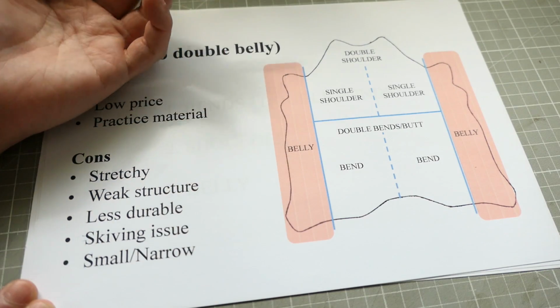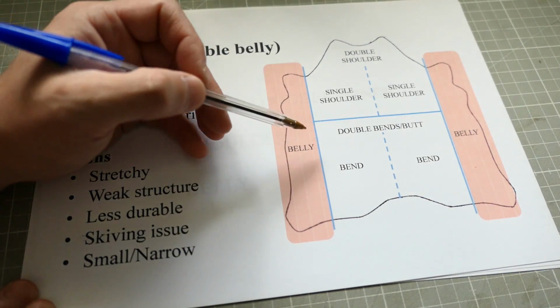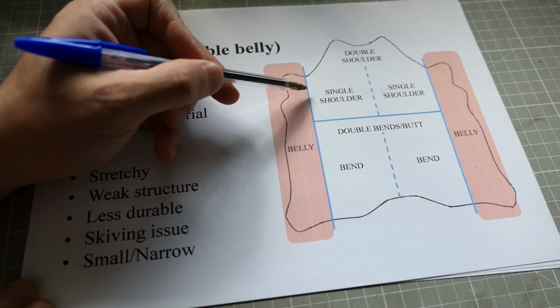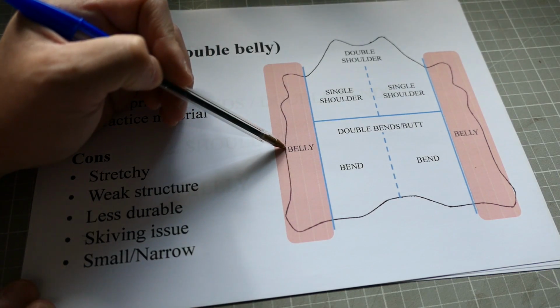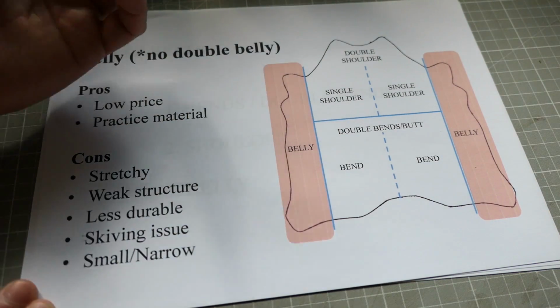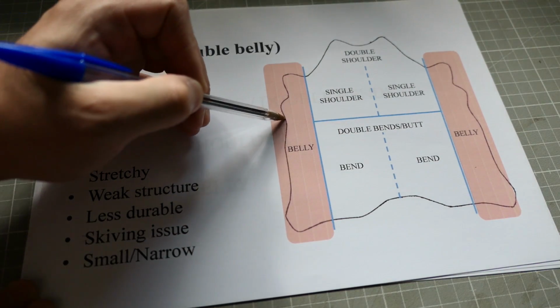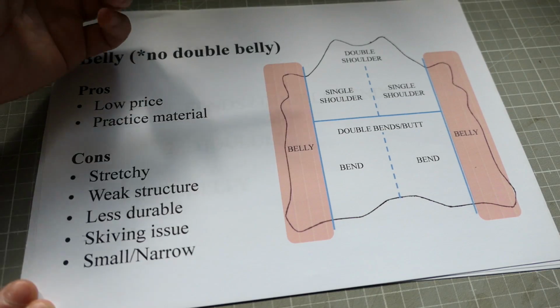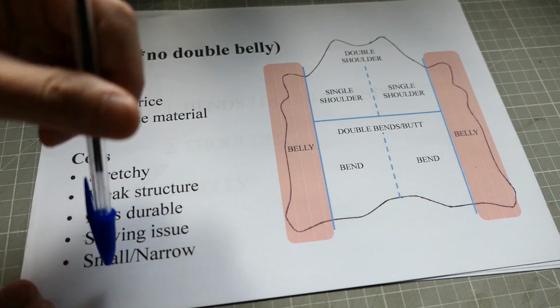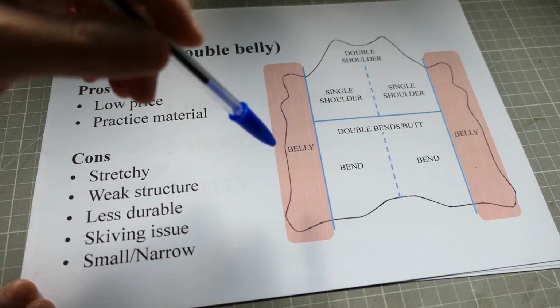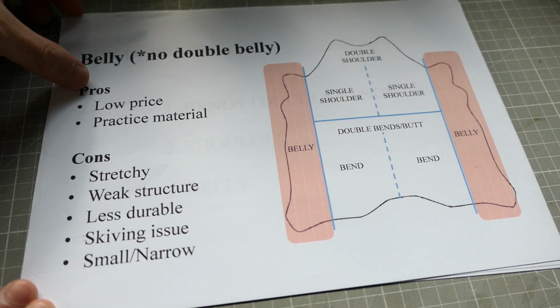For a briefcase, for example, you might not be able to make it with belly, because it's an irregular shape, and from here to here it's very narrow, only about 30, or even here to here the short part can be 20 or 25. So it's difficult to plan anything with belly. That's an issue as well. Only small leather goods are possible if you try to make something with belly.